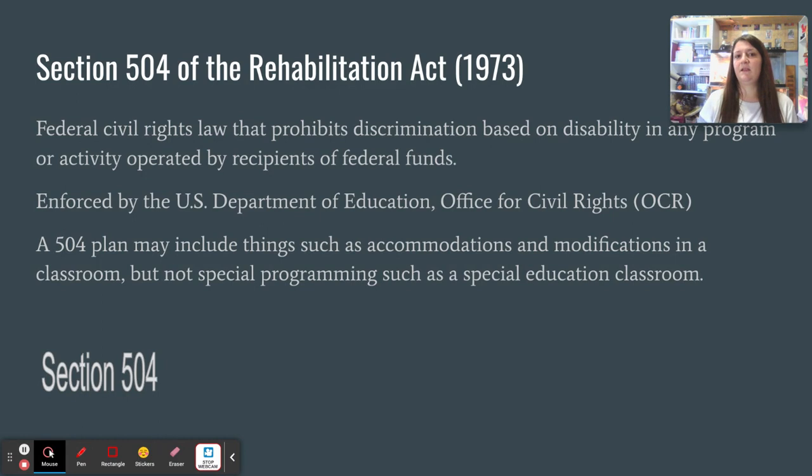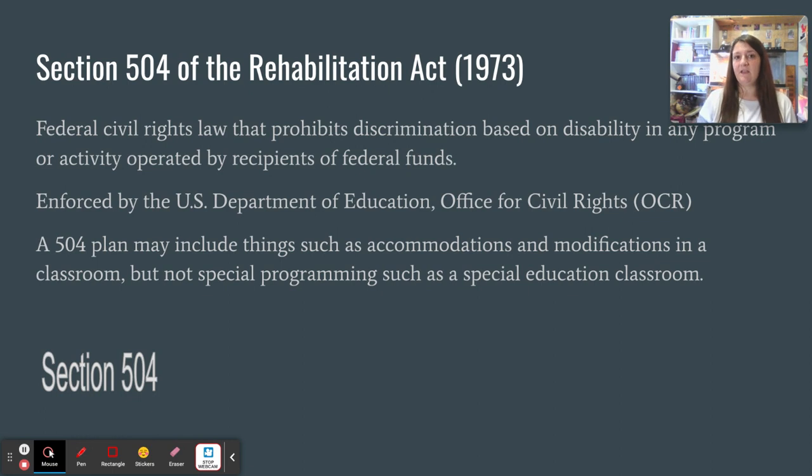When we talk about limiting a major life activity, one of those could be their ability to care for themselves or perform a manual task. It's something that would limit their ability for eating or breathing or walking, learning, hearing, talking, or their ability to work. So under Section 504, some of the things prohibited from a recipient is they cannot deny the benefit of a related service or an aid to a student with a disability.